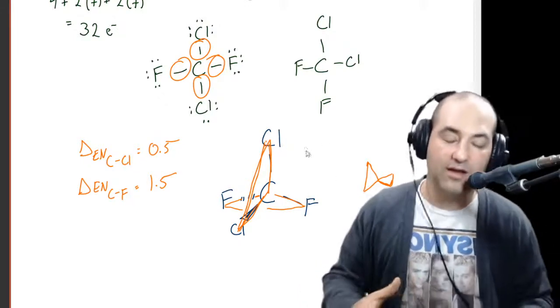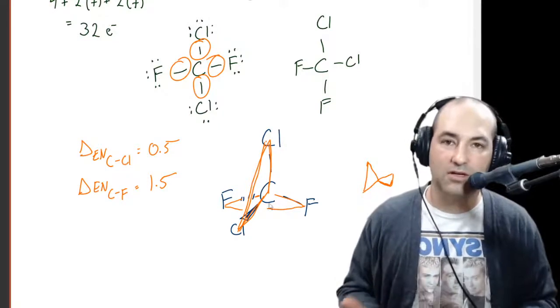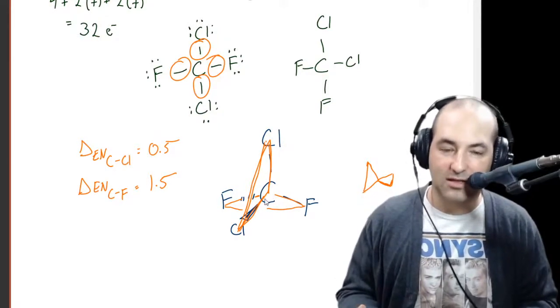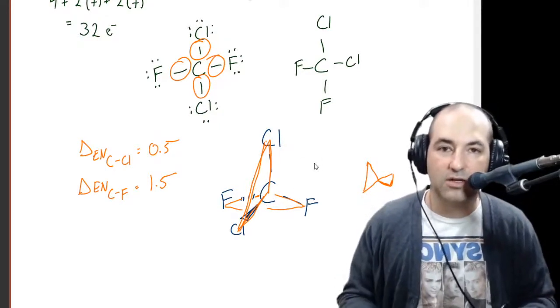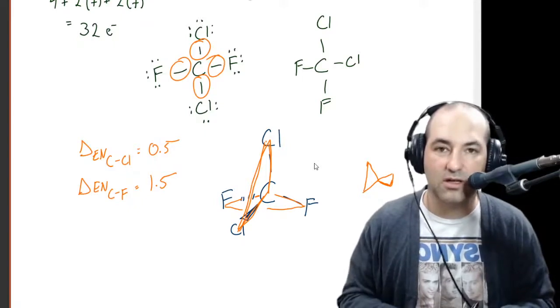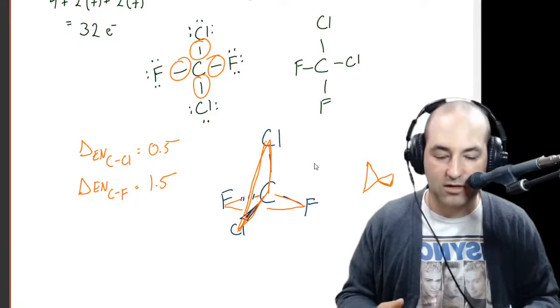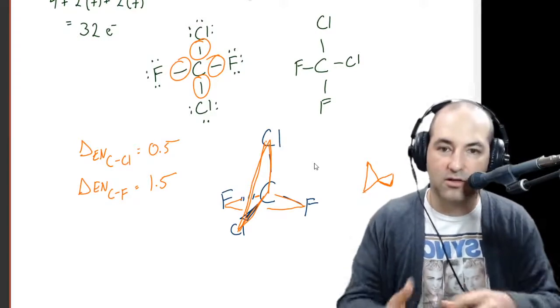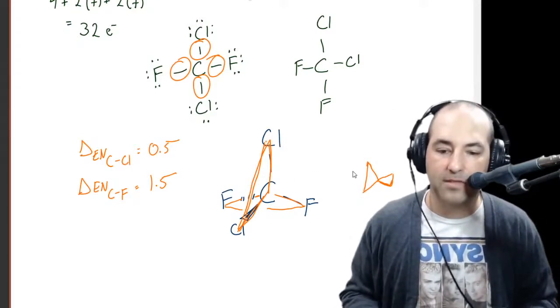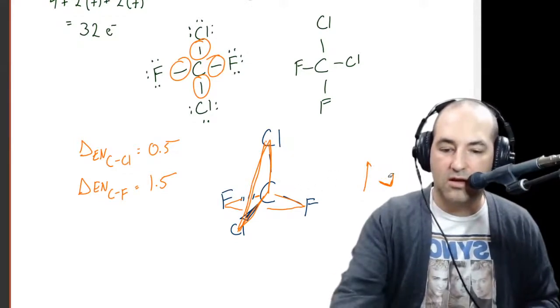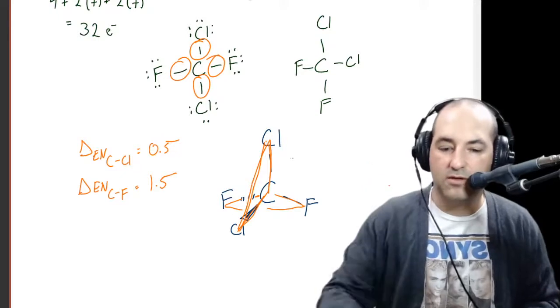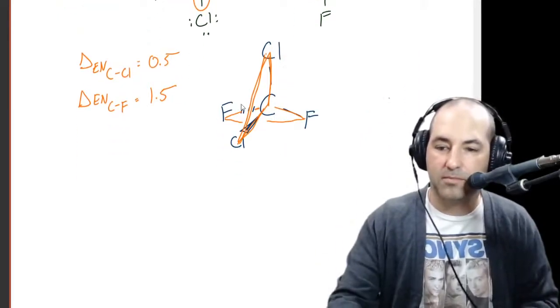Now, again, I said that's difficult because tetrahedral compounds like this are difficult to visualize in three dimensions, especially since we don't have models. If we did this in class in person, we would be messing with models and you could actually see that. But we can't do that right here. What I can do is rotate this around and redraw it a little bit.